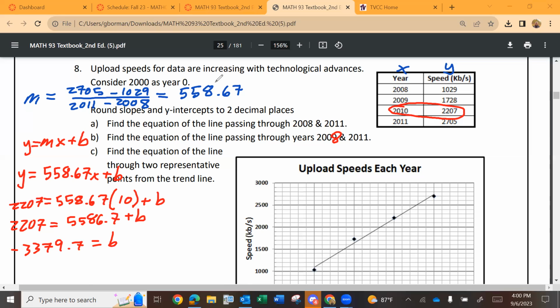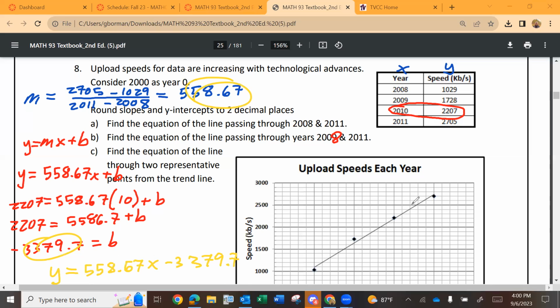So now that I know what my m is and what my b is, the equation for part B of the problem is y equals 558.67x minus 3379.7 for the y-intercept. And that would be it.